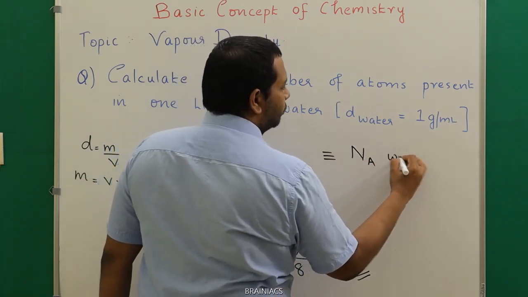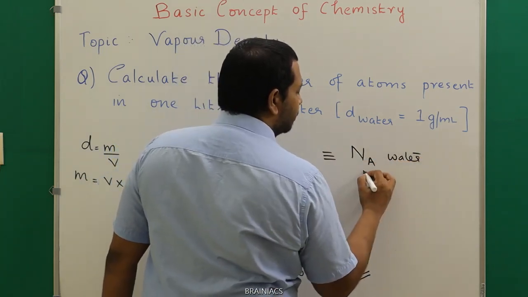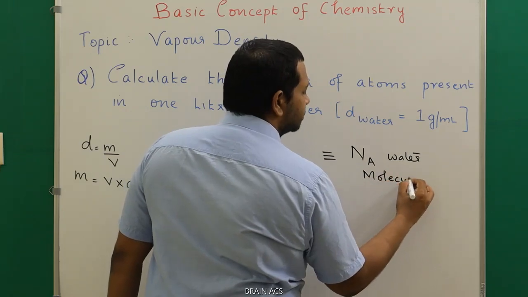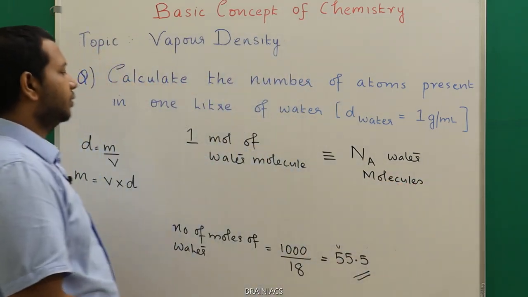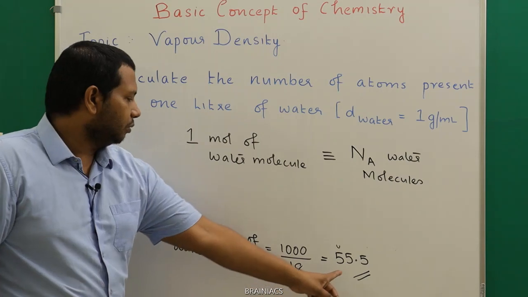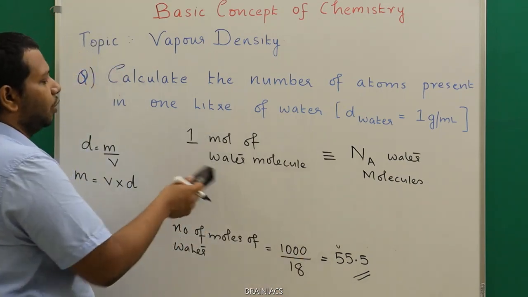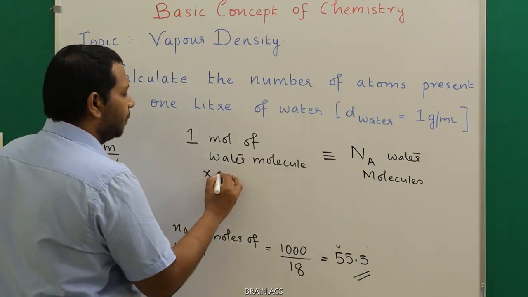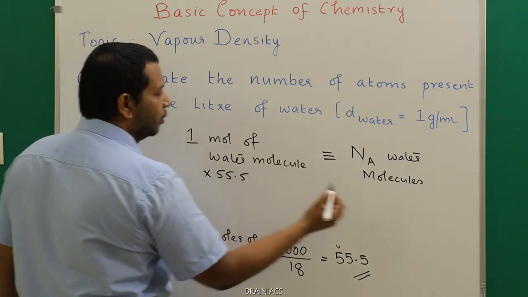Avogadro number of water molecules. Correct. Avogadro number of molecules. Now tell me how many moles you have? 55.5. How to convert 1 to 55.5? Multiply by 55.5 on both sides.